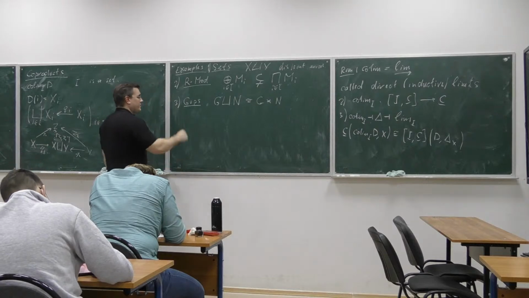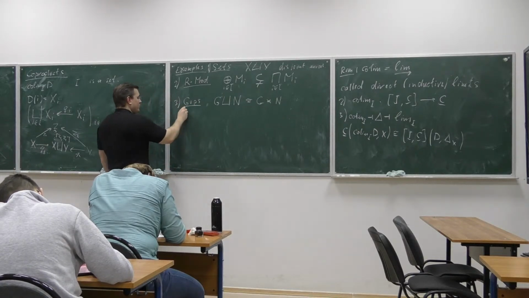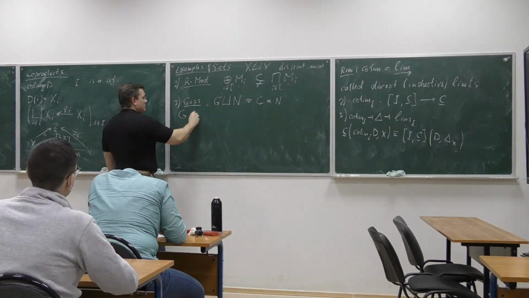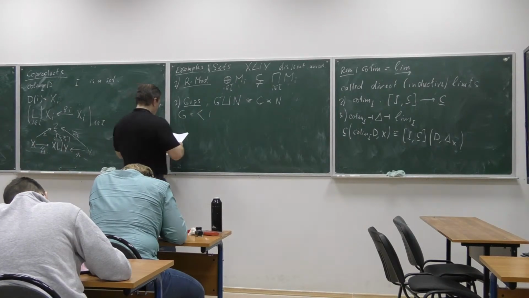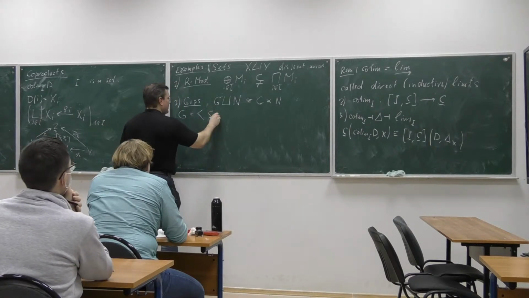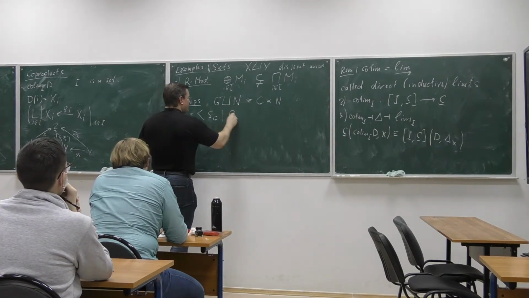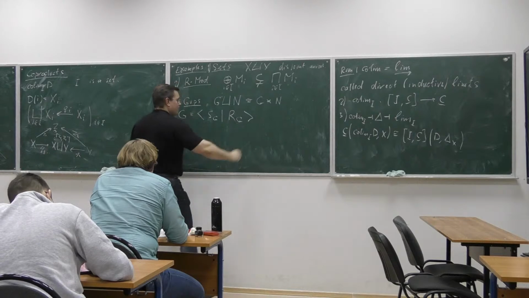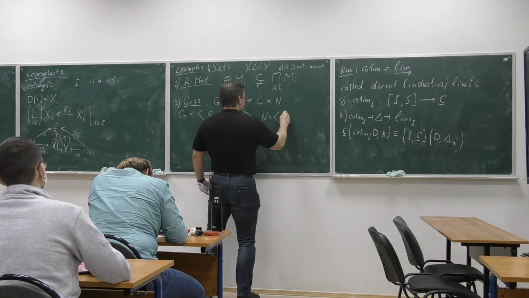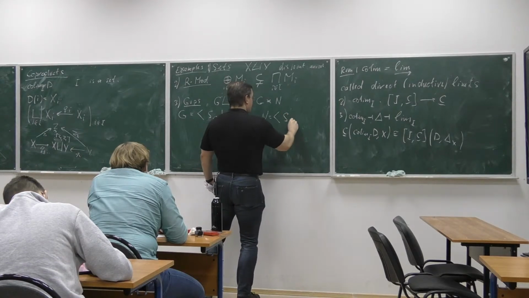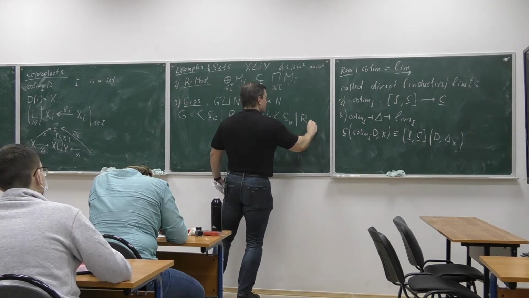Maybe let me remind you what a free product is. If you write a presentation for G, you have generators S_G and relations R_G, and the same for N: generators and relations.